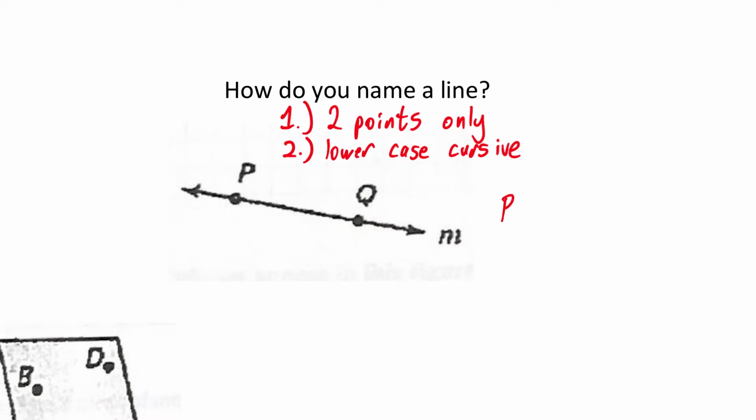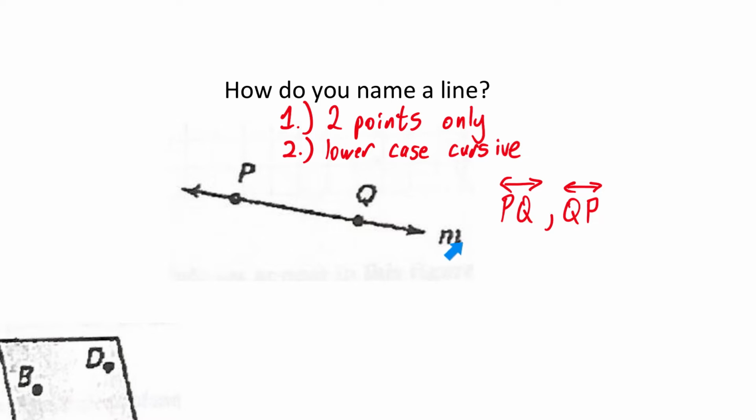Well, actually there's more, but 2 that are really unique. So PQ is one way to name this line. I'm choosing 2 points on that line, which there's only 2 points here, so that's pretty easy. But, by the way, you could also call it QP. Either of those is fine. On the line, the order of the letters doesn't matter. So that's one way to name it. The other is to name it using the lowercase cursive letter, which in this case is that lowercase cursive M.